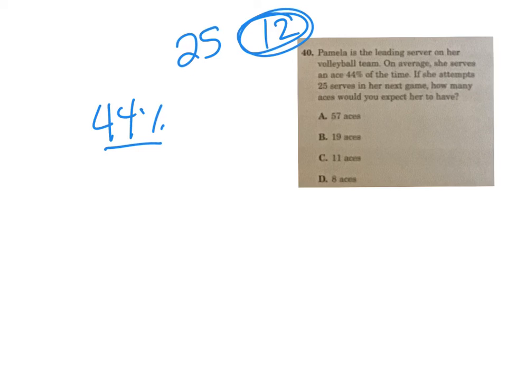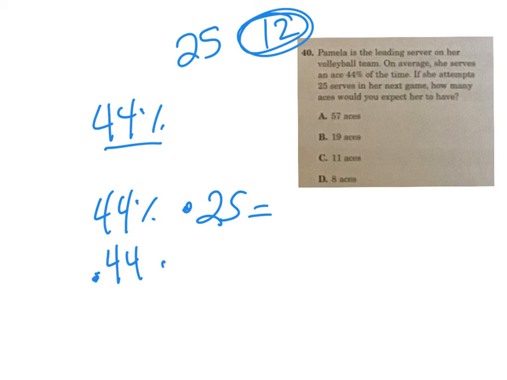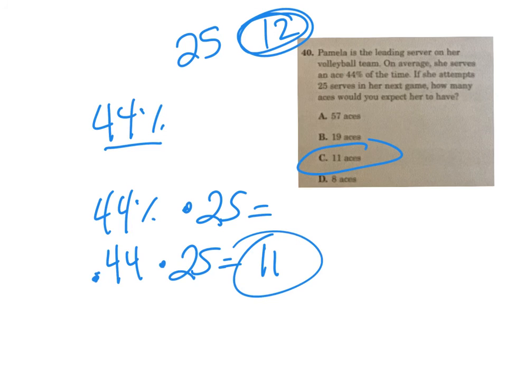So I'm looking at an answer around 12. But let's do it like we should. 44% times 25. Make this into a decimal, 0.44 times 25. Let's see what that gets. 25 times 0.44 equals 11. So 11 of her serves are going to be aces.